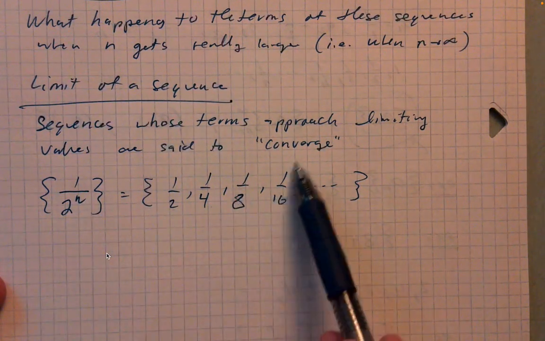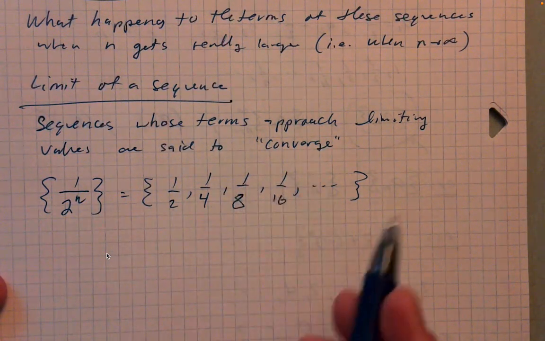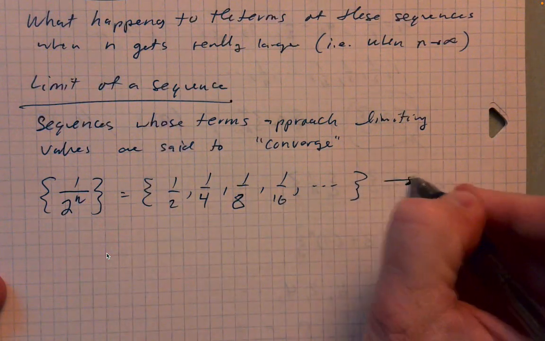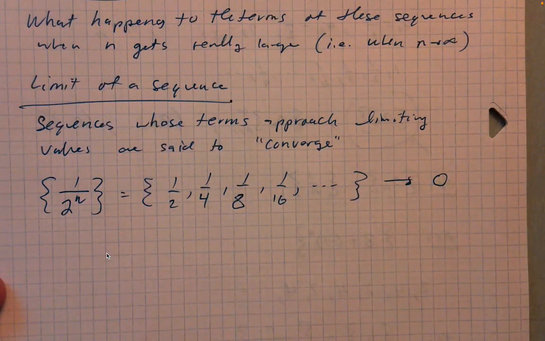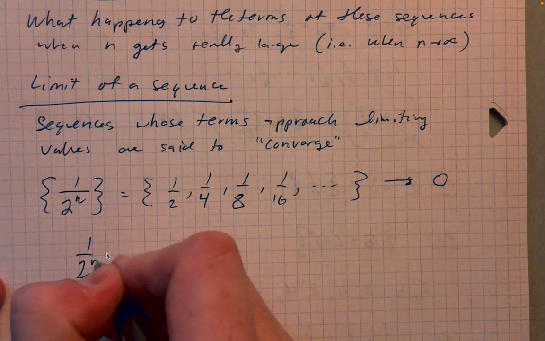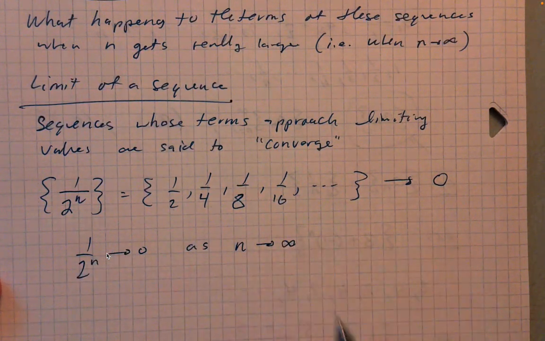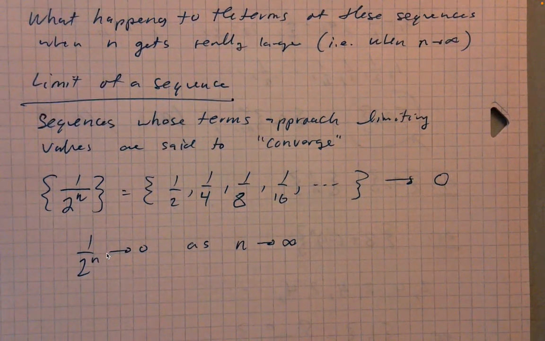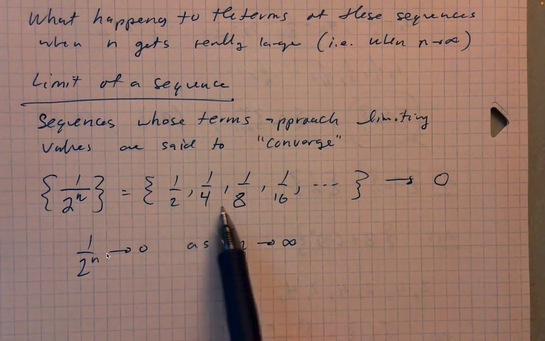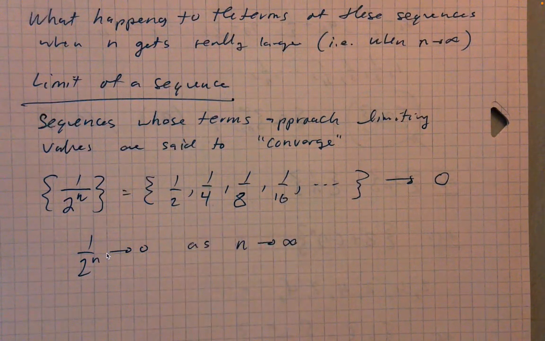It's going to be just 1 divided by some humongous number. And so this sequence actually converges to 0. So 1 over 2 to the n goes to 0 as n goes to infinity. This is an introductory example because it's intuitive that these terms are getting smaller and smaller, and so they are converging to a value, and that value is 0.